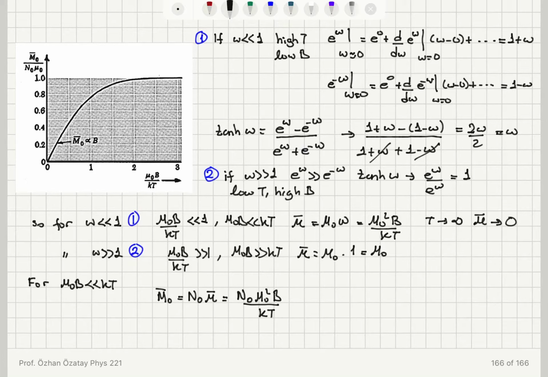Now this can be written in the form chi times magnetic field B, where chi is defined as the ratio of the mean magnetic moment per unit volume, magnetization, divided by the magnetic field. This is called magnetic susceptibility.